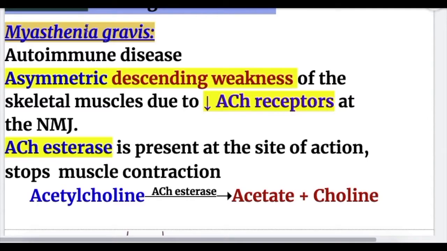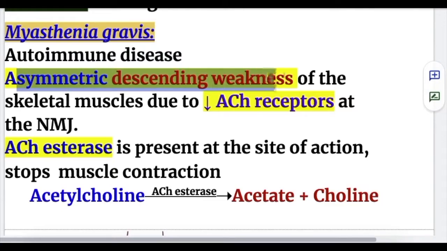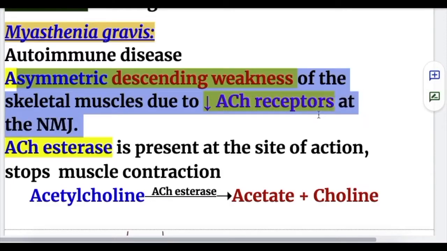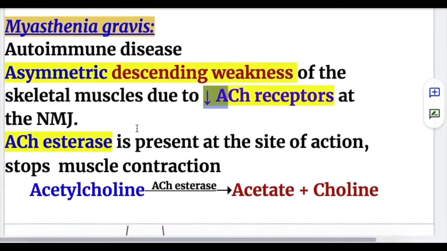Next is myasthenia gravis. Myasthenia gravis is an autoimmune disease that causes asymmetric descending weakness of the skeletal muscle due to decreased acetylcholine receptors at the neuromuscular junction. So botulinum causes symmetric descending paralysis, whereas myasthenia gravis causes asymmetric descending weakness due to decreased acetylcholine receptors at the neuromuscular junction.